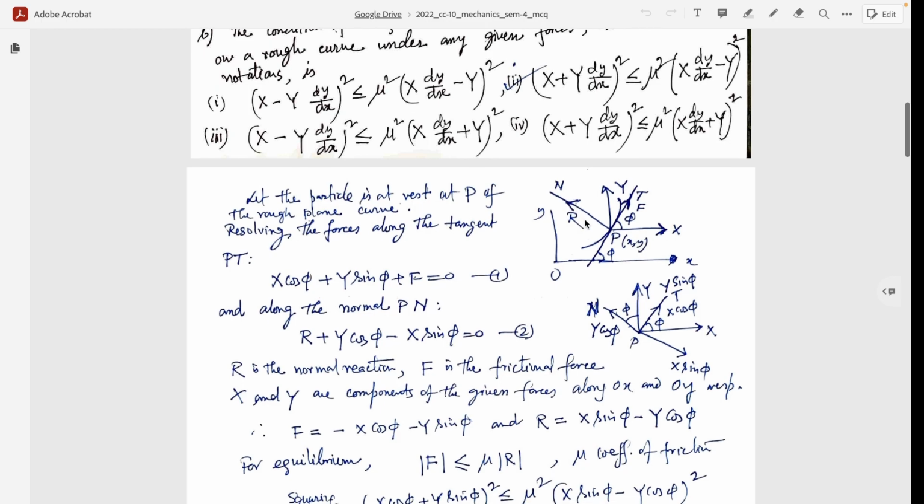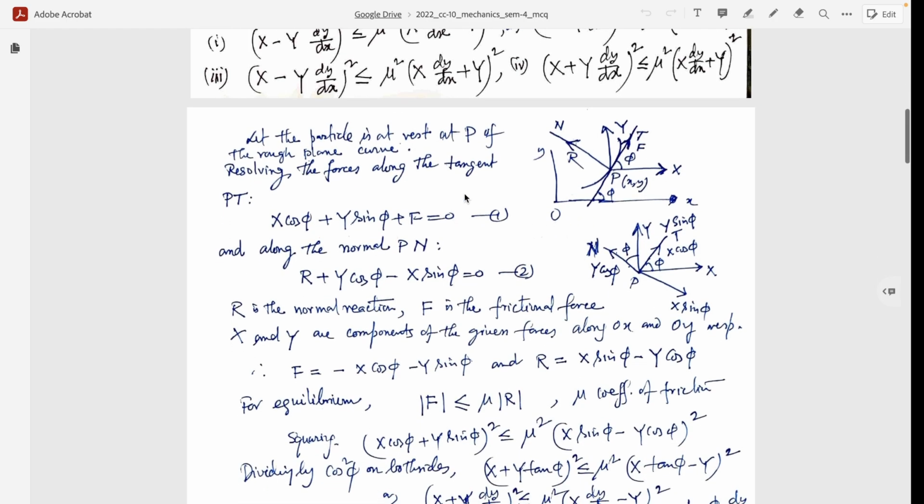This is R, the normal reaction. Resolving the force capital X, this angle is phi with the x-axis, with the tangent PT. So capital X can be resolved along PT as X cos phi, and in the direction opposite to PN as X sin phi.